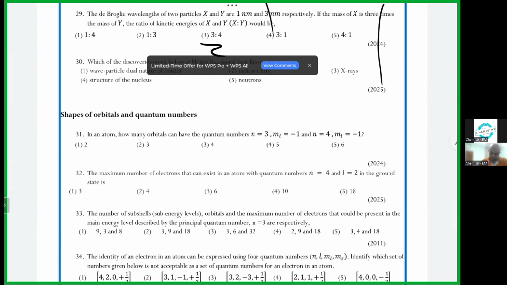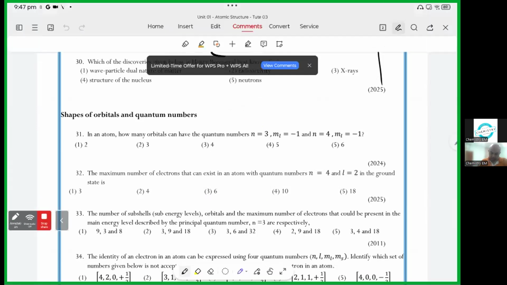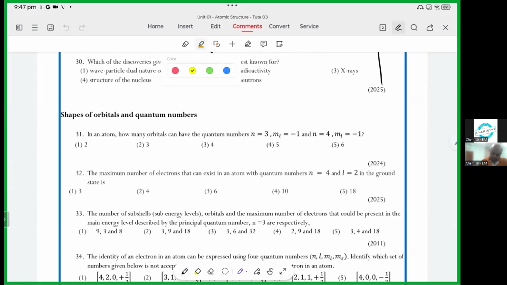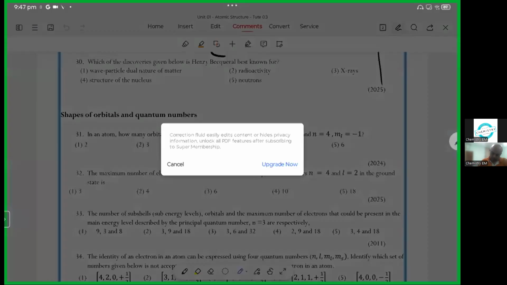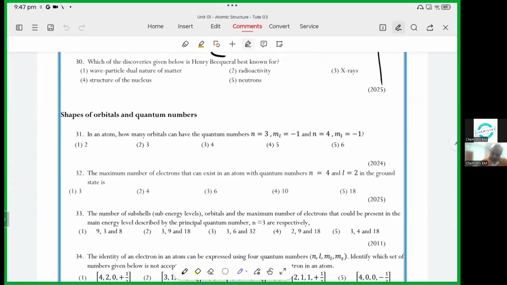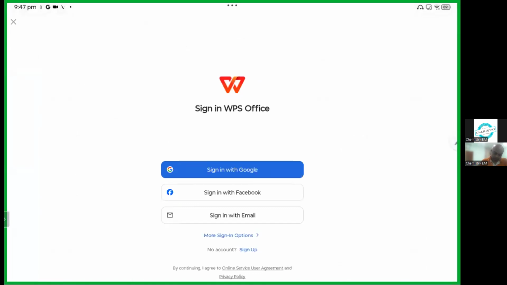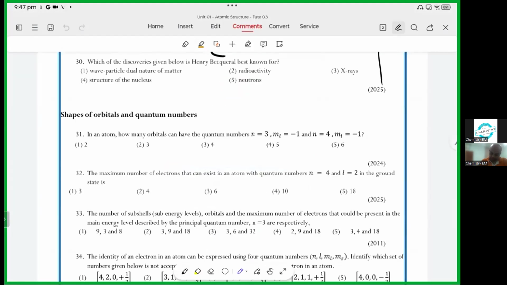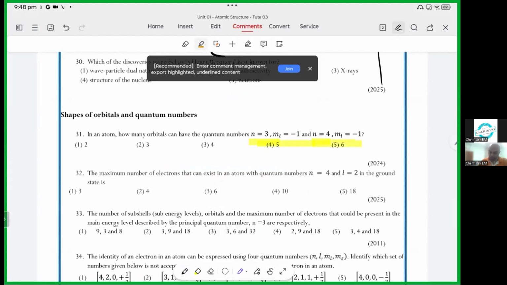In an atom, how many orbitals can have the quantum number n equal to 3 and ml equal to -1, and n equal to 4 and ml equal to -1?